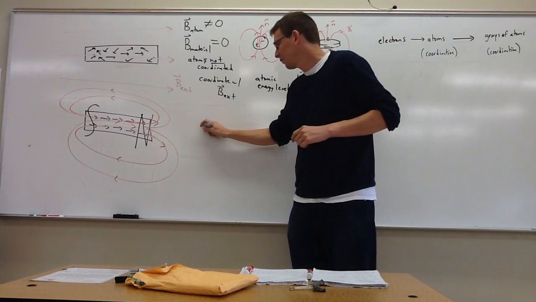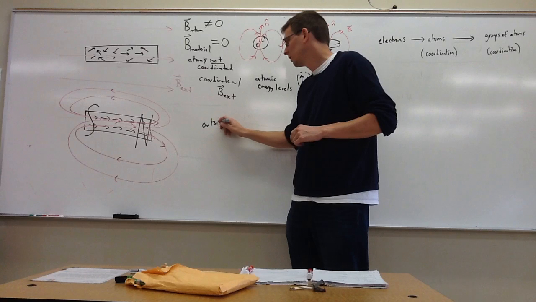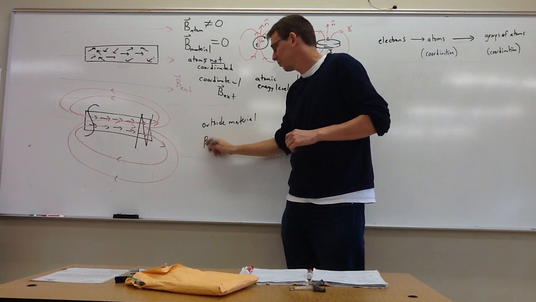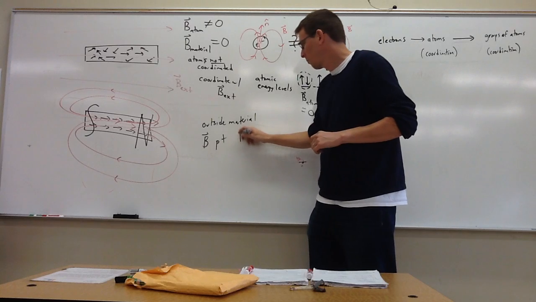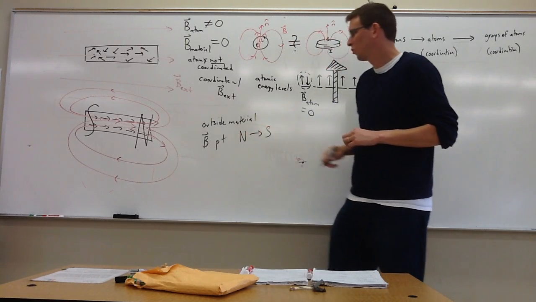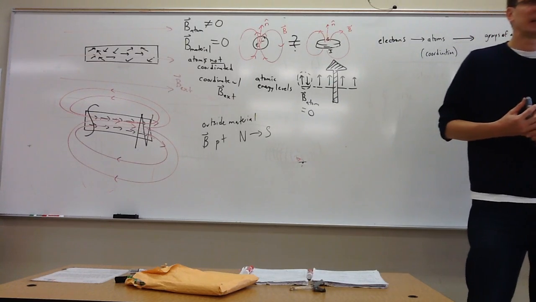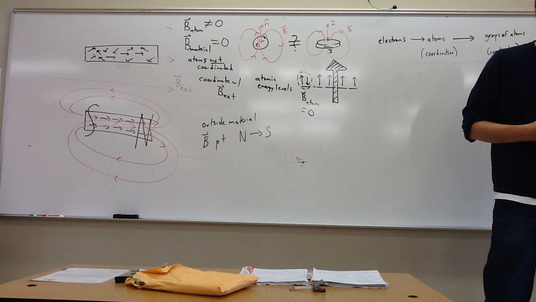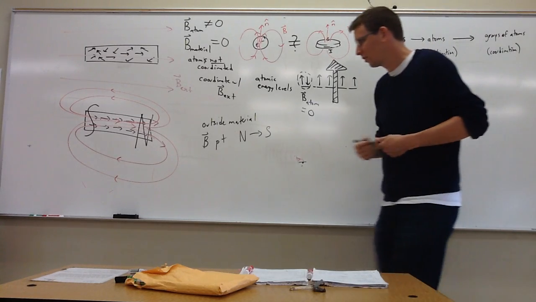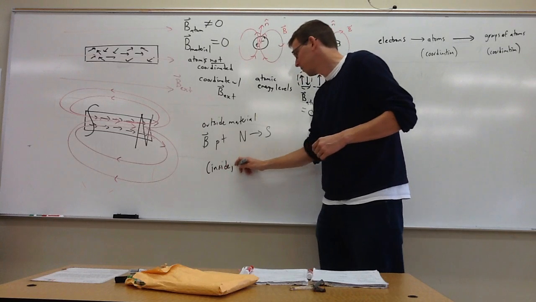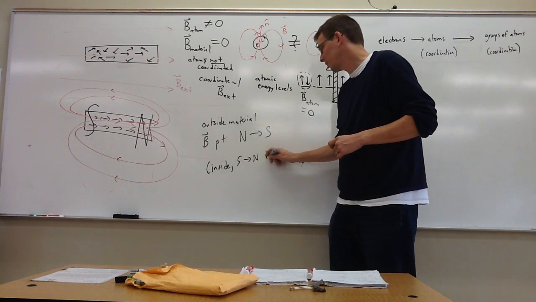So, outside of the material, the magnetic field lines point from north to south. So they come out of the North Pole, go into the South Pole. I do want to, however, point out that inside the material, they close the loop, so they actually go the other way. So inside, they go from south to north to close the loop.